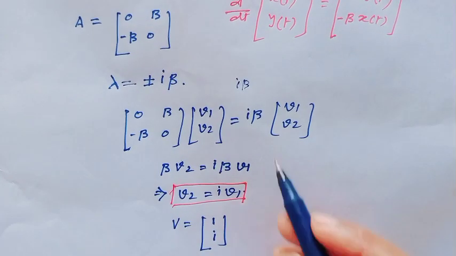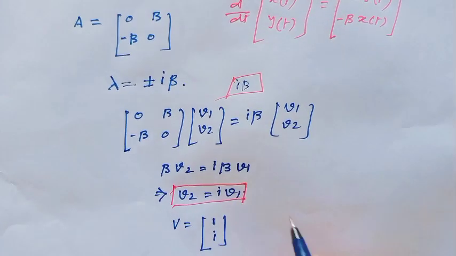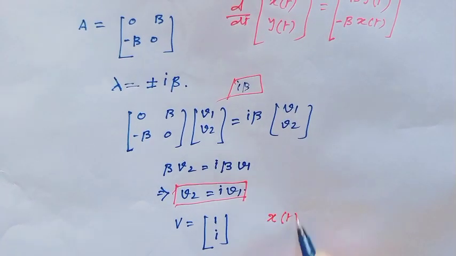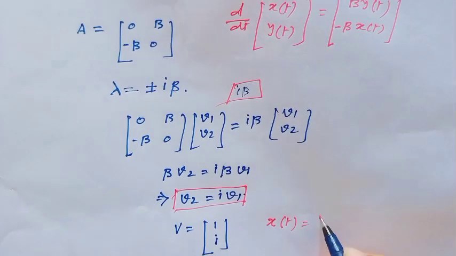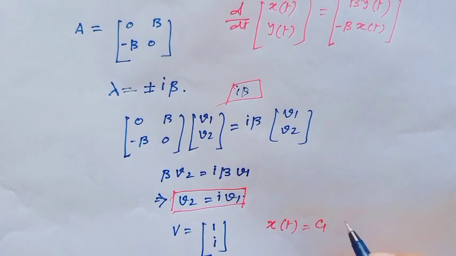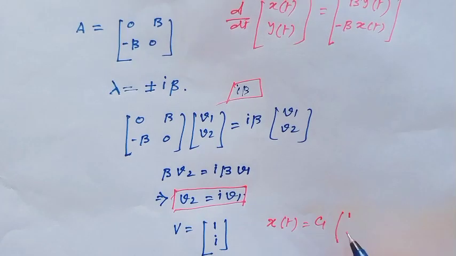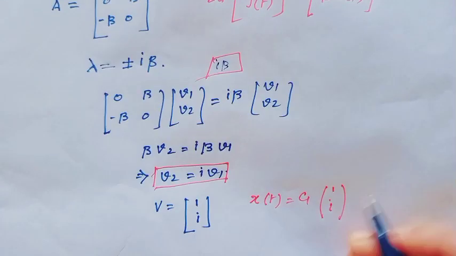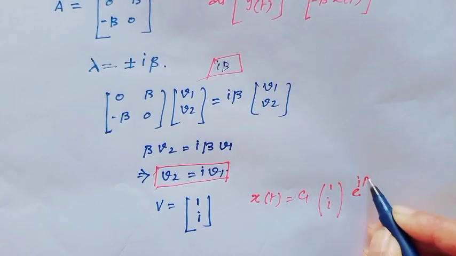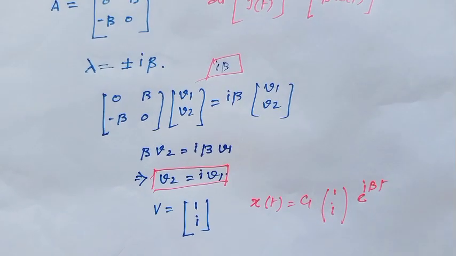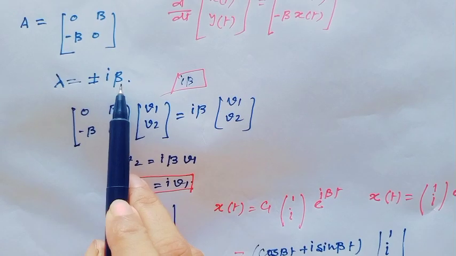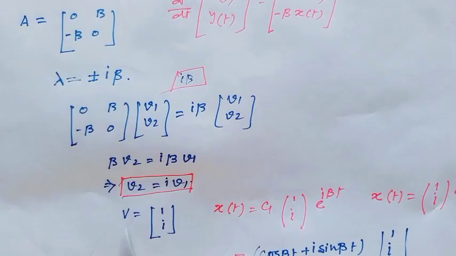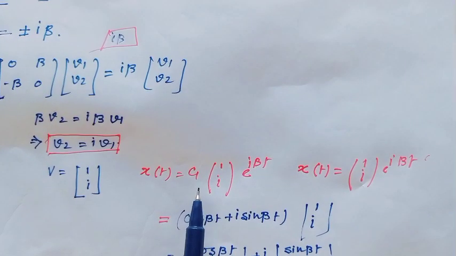Therefore the solution for this eigenvalue would be of such type: x(t) equals the vector (1, i) times e to the power i beta t. Since here I have considered only eigenvalue i beta, c1 is not included.